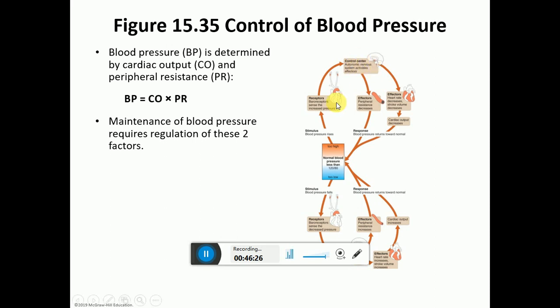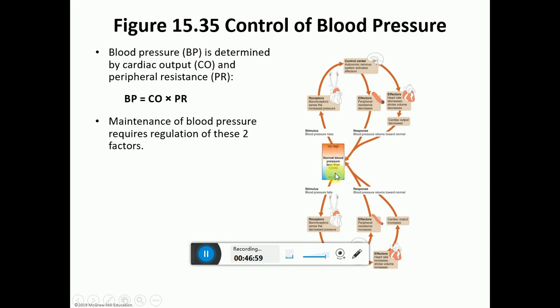Okay, so that would be your sensory neurons that are going to go to your central nervous system, and they are going to the effectors, which would be your blood vessels and the heart. So on the heart, it is going to decrease the heart rate, it'll decrease the stroke volume, and in the blood vessels, it is going to dilate them. Now, both of these are going to lead to the decrease of blood pressure and returning it to normal.